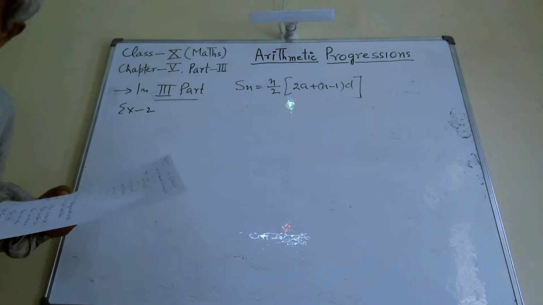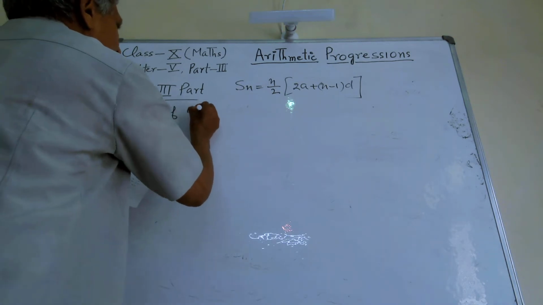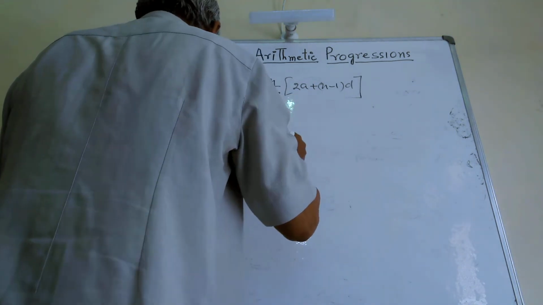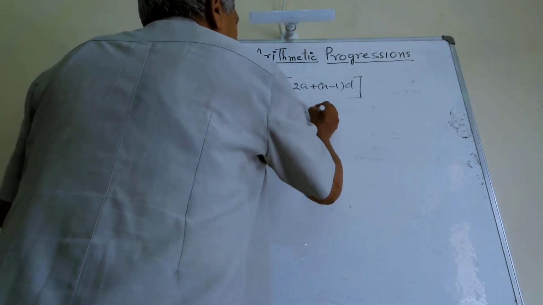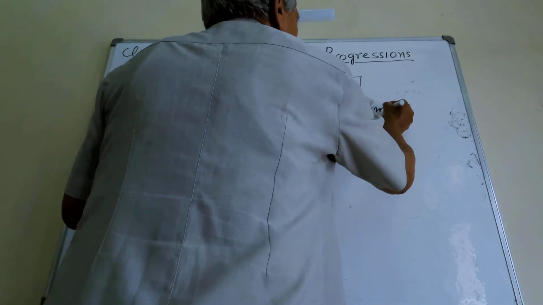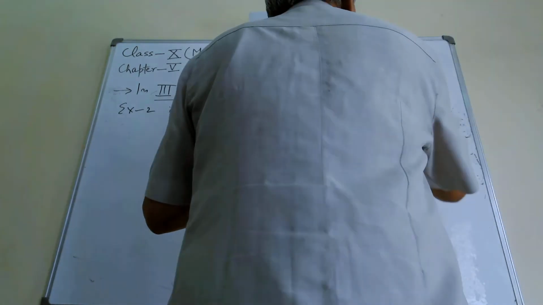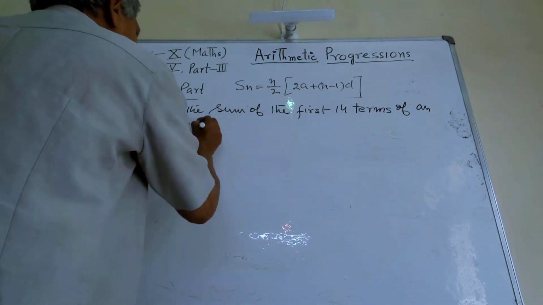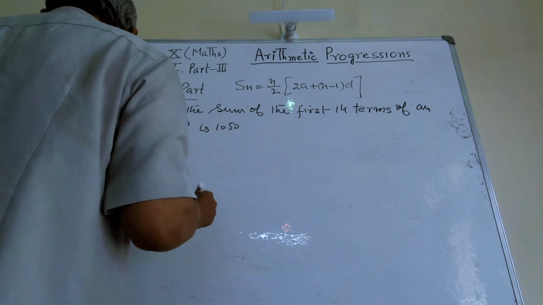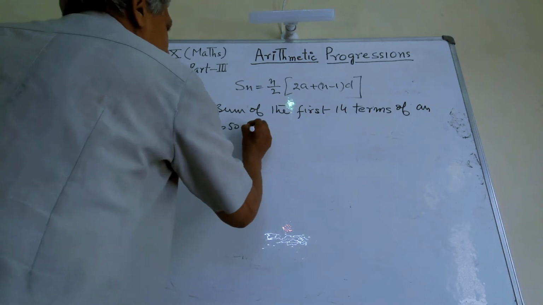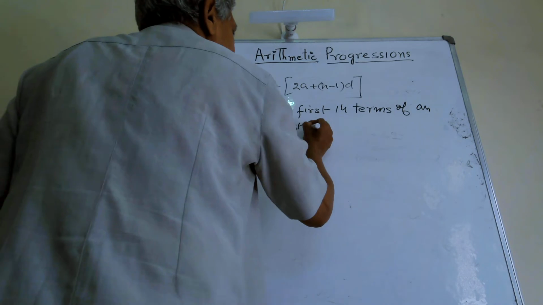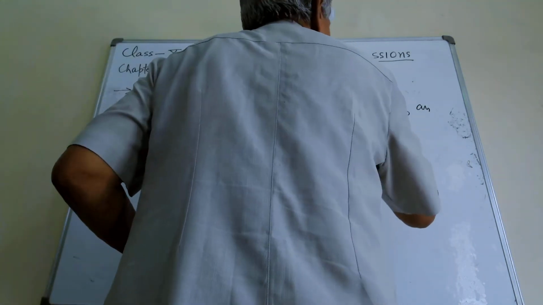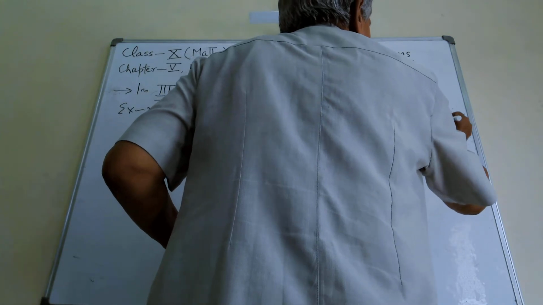If the sum of the first 14 terms of an AP is 1050, and the first term is 10, find the 20th term.